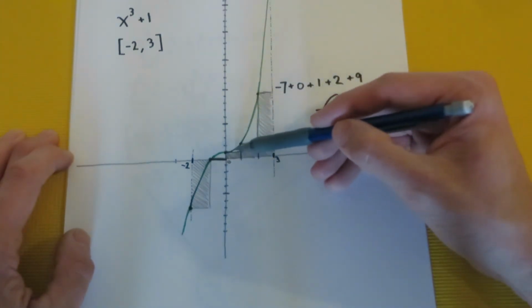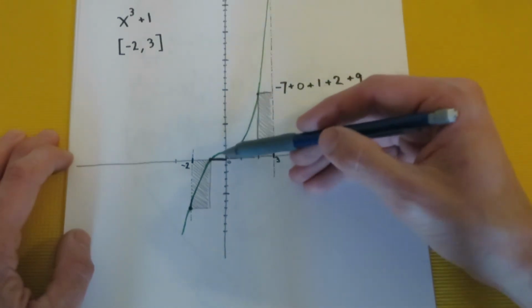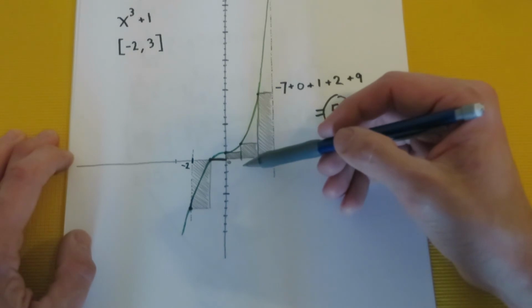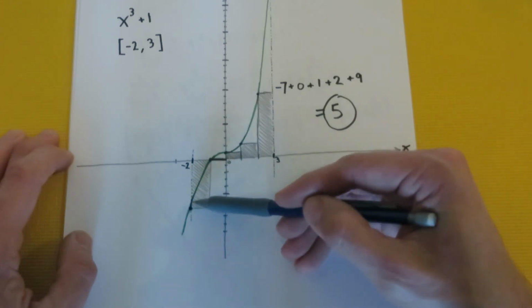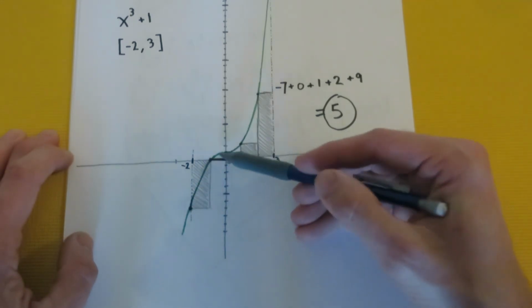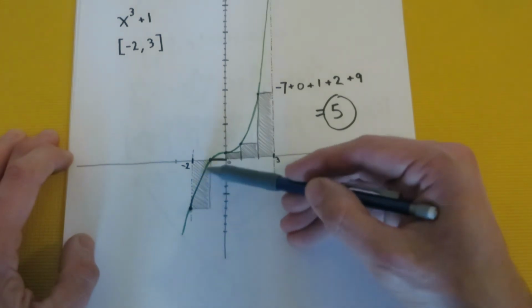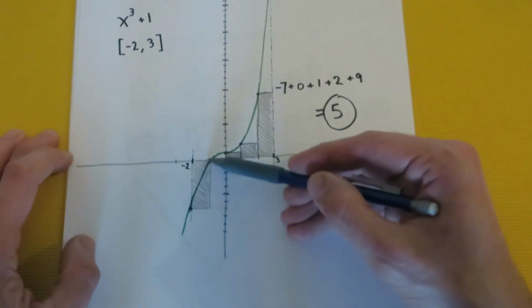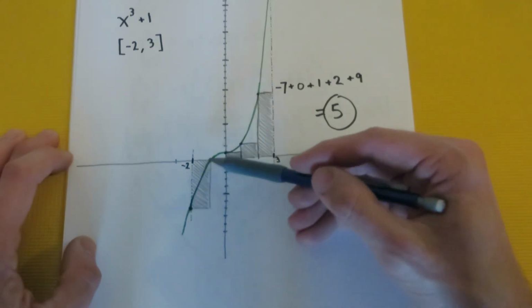So if we have an underestimate under the greatest interval that we care about, then chances are this is going to be an underestimate.